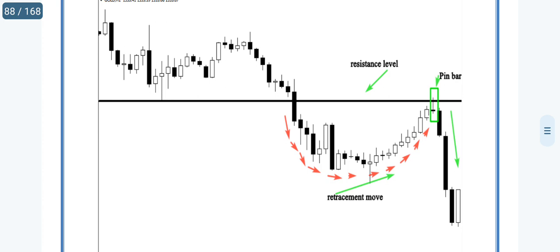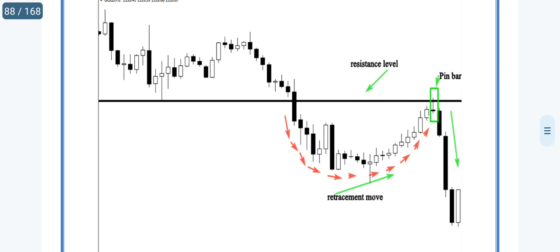So if we have our resistance level and the market is trending after a retracement move or a pullback, we are seeing our market reversing due to the formation of our bearish penny bar at the resistance level.